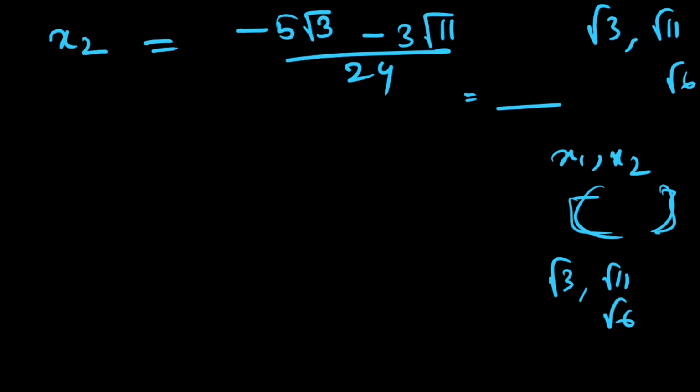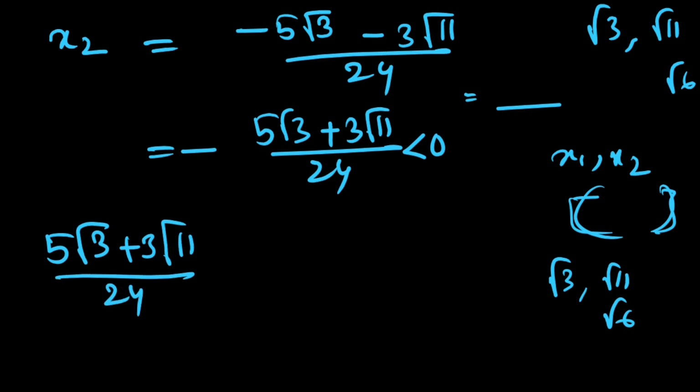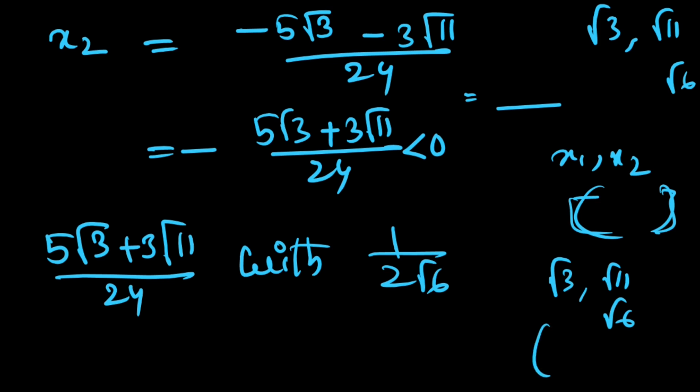So we want to check if we can write that 5 root 3 plus 3 root under 11 over 24 is strictly greater than 0. Now we compare this value, 5 root under 3 plus 3 root under 11 over 24, with 1 over 2 root 6, because our interval is minus 1 over 2 root 6 to 1 over 2 root 6.